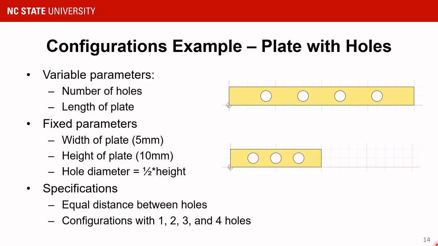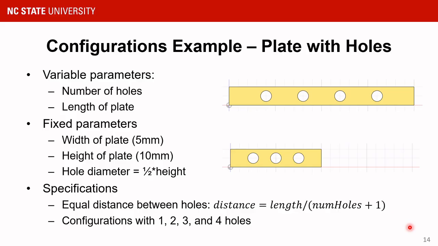So what this means is that our distance between holes is going to be the length of our plate divided by the number of holes that we have plus 1.